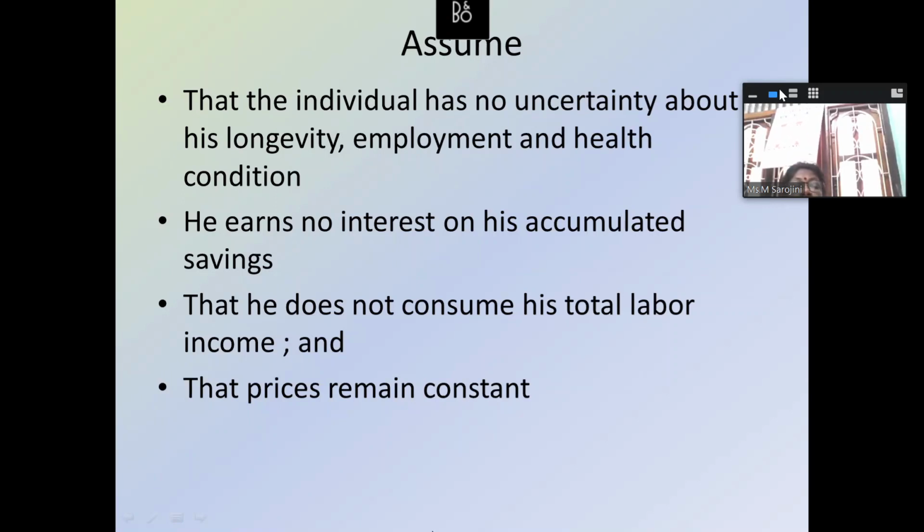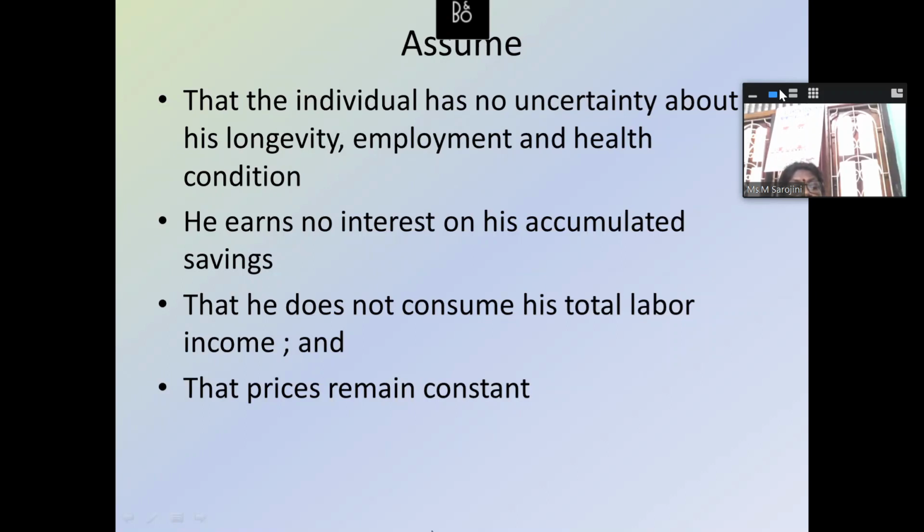And he earns no interest on his accumulated savings. Once there is saving, that changes the future income, right? Therefore, here we consider there is no interest on savings, and that he does not consume his total labor income.